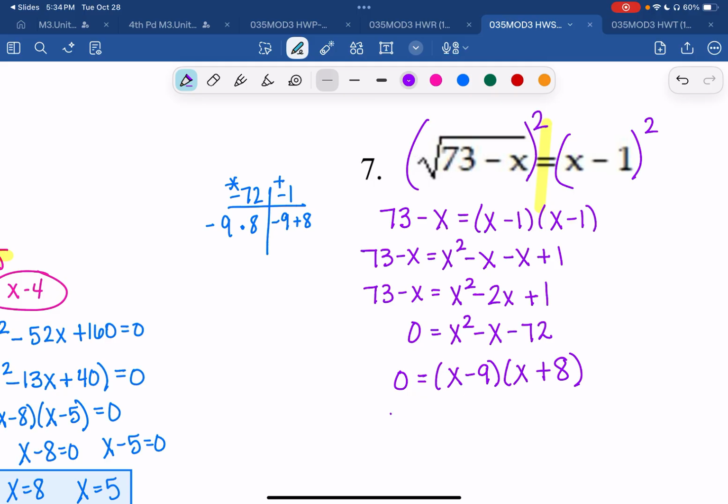So then I've got x minus 9 equals 0 and x plus 8 equals 0. And so x equals 9 and x equals negative 8.